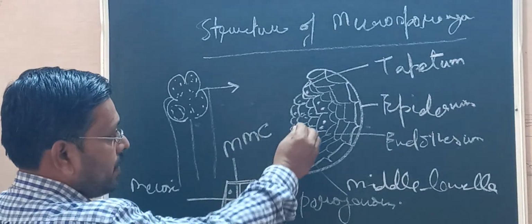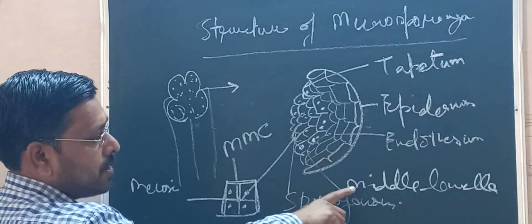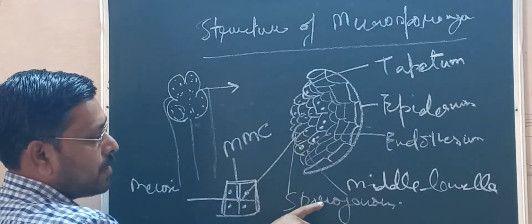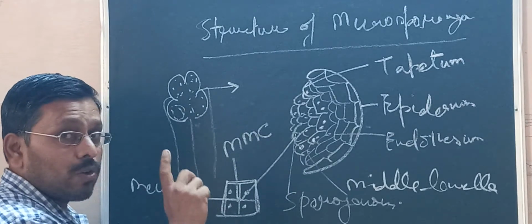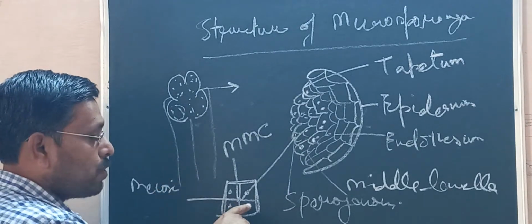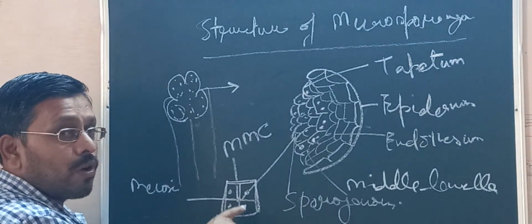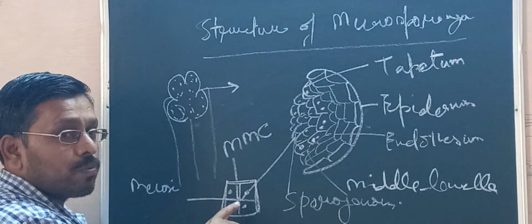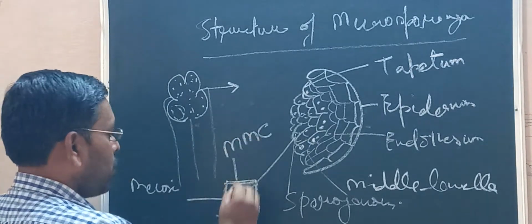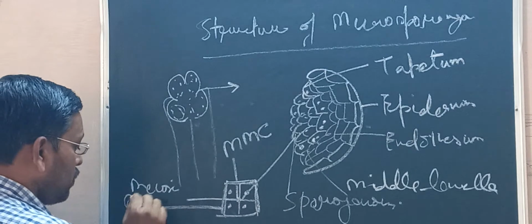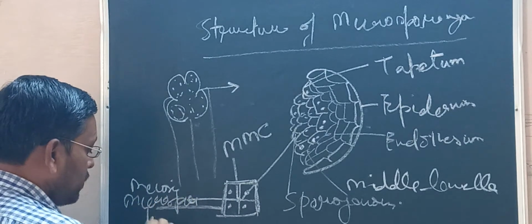So the layers are the epidermis, endothecium, middle layer, then the sporogenous tissue, and each cell of the sporogenous tissue is called a microspore mother cell. Microspore mother cells undergo meiotic division to form four haploid microspores, and in this condition it is called a microspore tetrad.